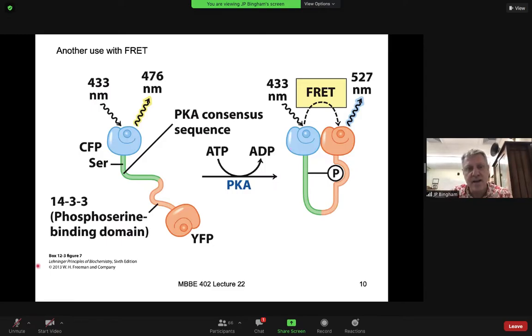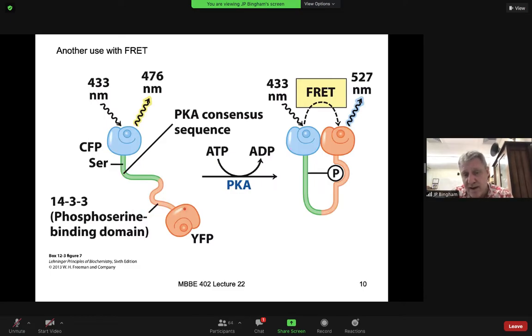In this case, we have 433 nanometers and an emission of 476 nanometers. Now, if we have the activation of the protein kinase A and the serine becomes phosphorylated, this particular molecule has a phosphoserine binding site, so once this is phosphorylated, it is going to interact with this.